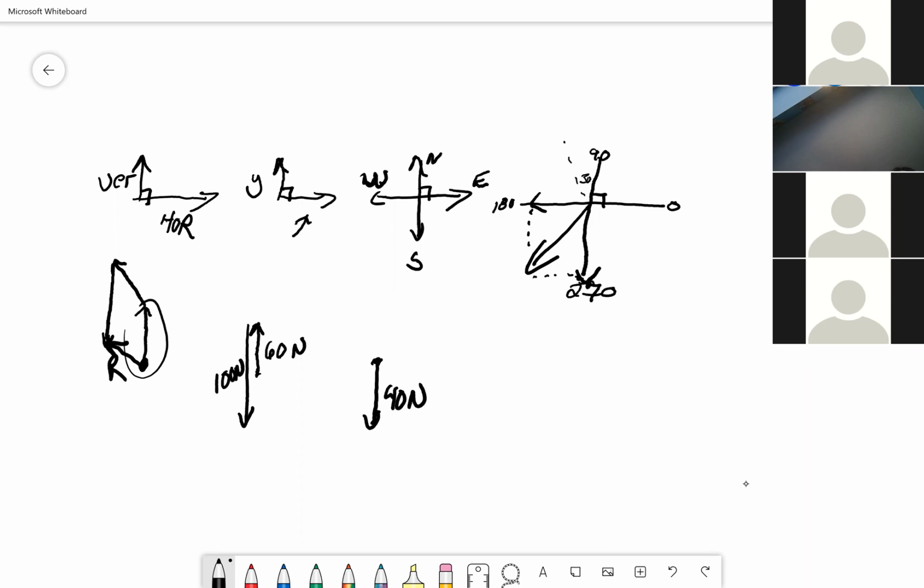But that leaves you with this guy right here. Remember it's 30 degrees to that vertical, which would mean it's 60 degrees to here. Opposite would be 80 times sine 30.